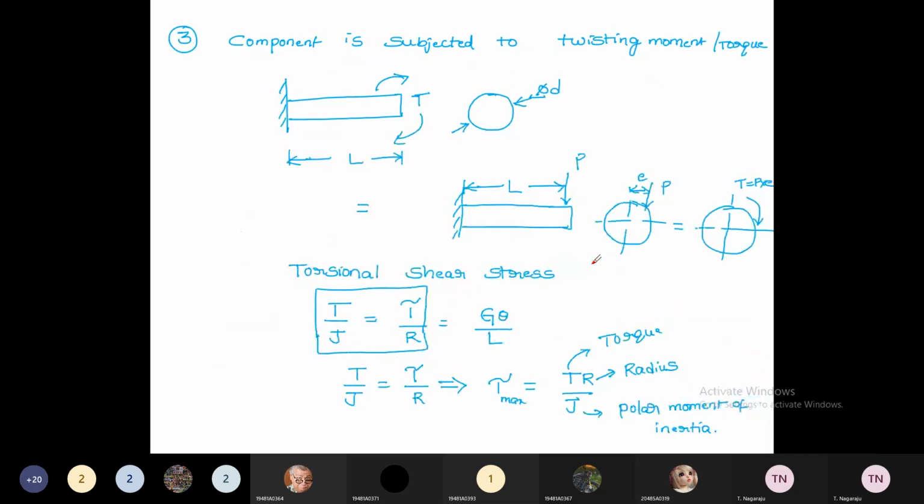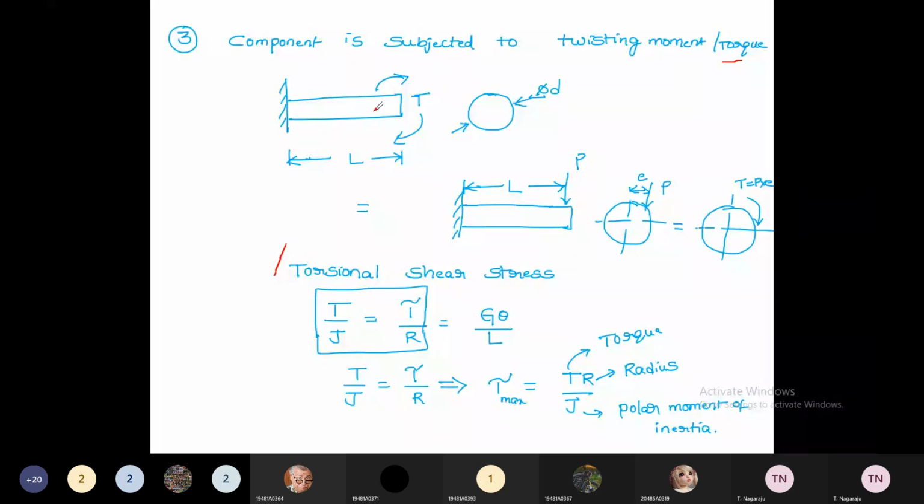Similarly, if a member is subjected to a twisting moment, then due to this torque or twisting moment, the stresses generated in this member are torsional stresses. They are also called torsional shear stresses.